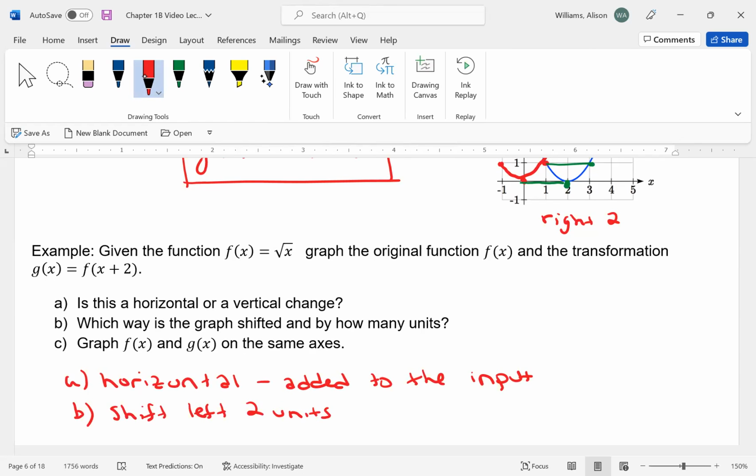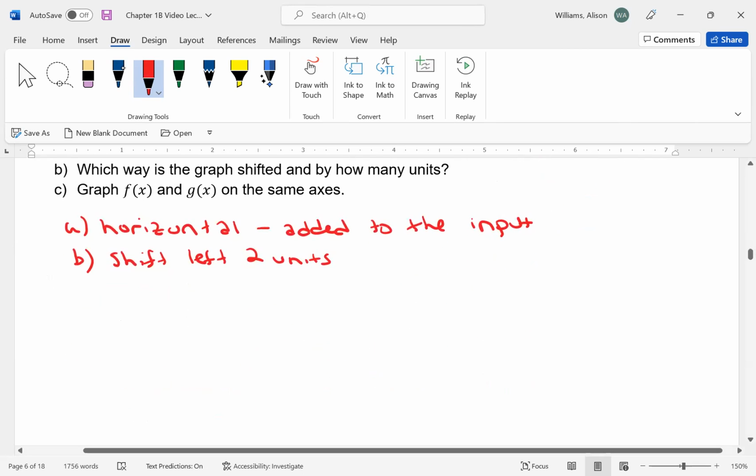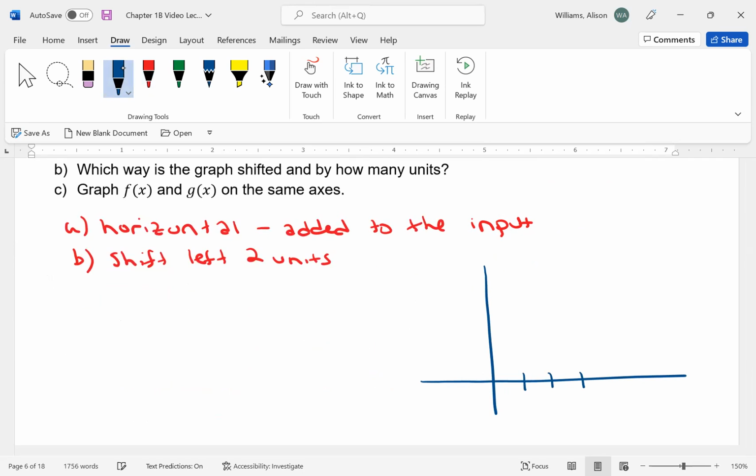Now they ask us to graph this, both graphs, in fact, on the same axis. So I'm going to just do a rough sketch here of these. All right, so that's -3, that's 5. And then 2, 3, 4.